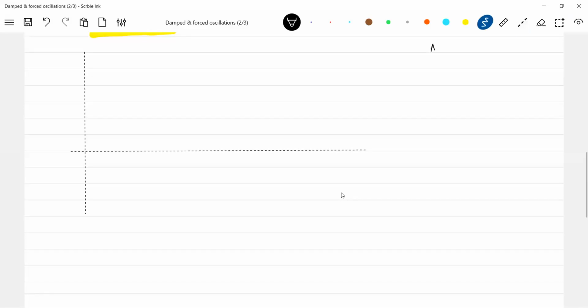Let me introduce the graphs. Okay, what are the equations? We know amplitude is equal to A naught e to power of minus bt by 2m.